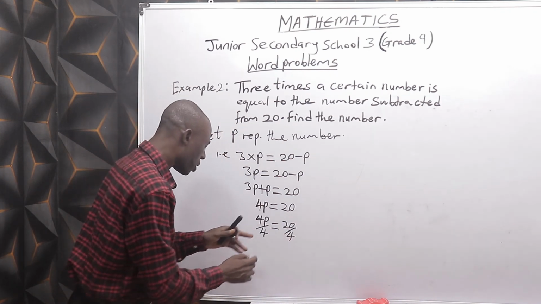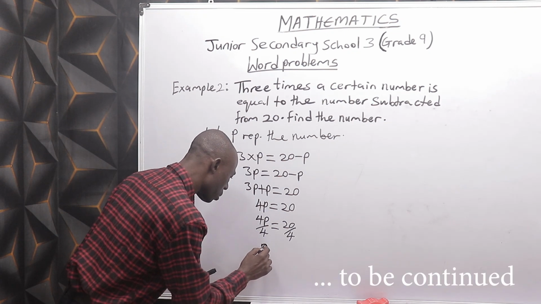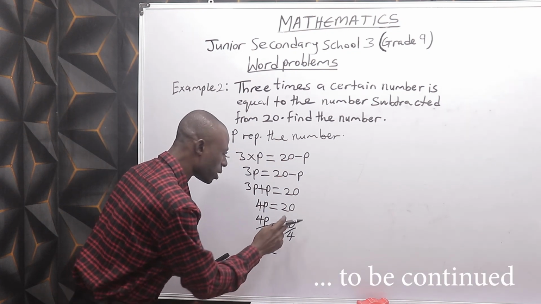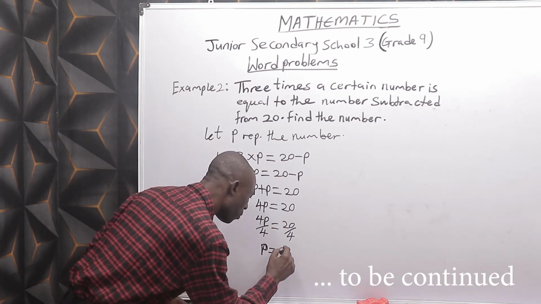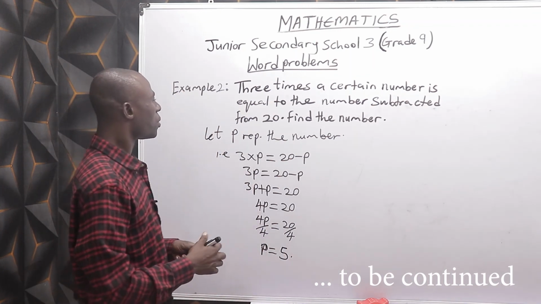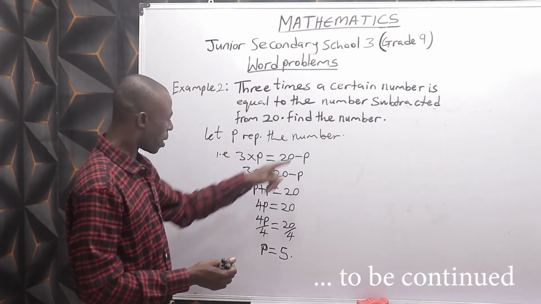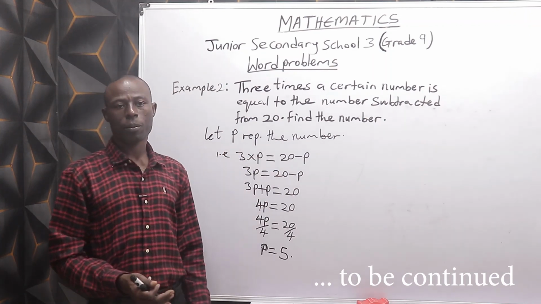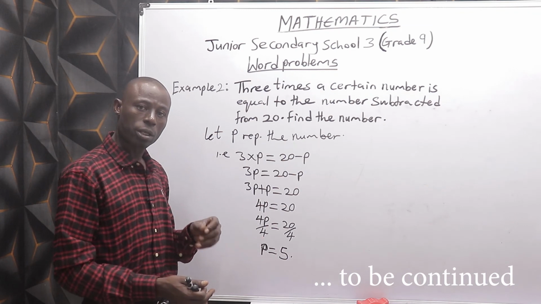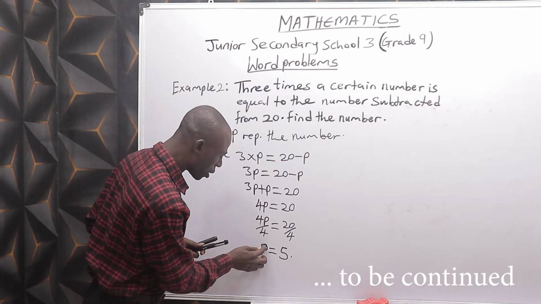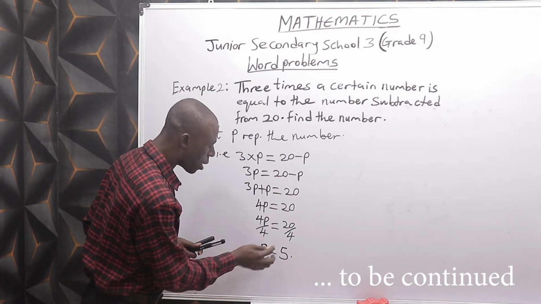So 4P divided by 4 gives P, which is equal to 20 divided by 4, which is 5. Therefore, the number is 5. Don't forget we have used P to represent the number, which is now found to be 5.